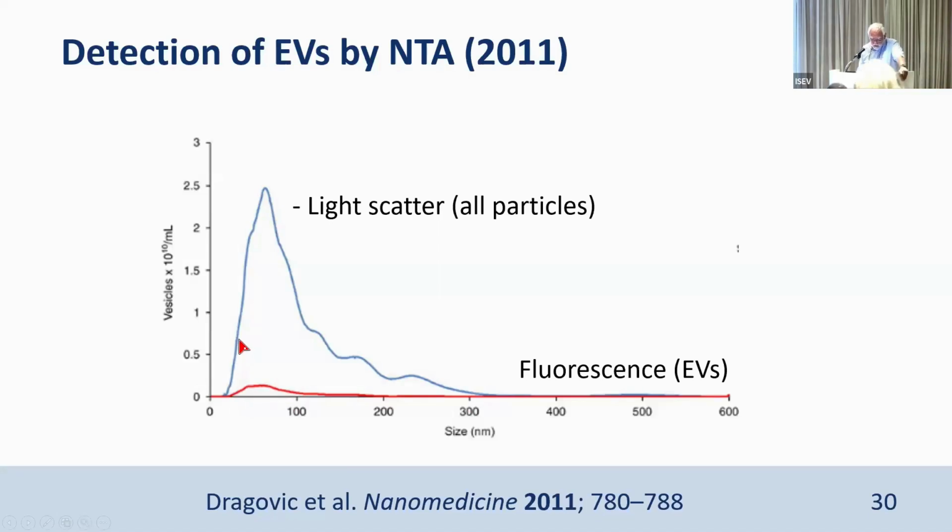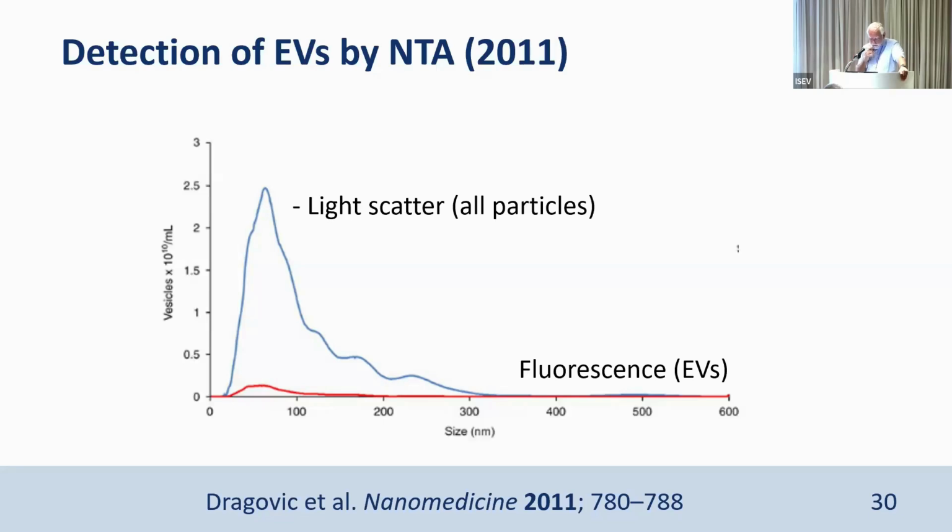Now, when you measure with an NTA, you measure all particles, and this is the light scattering profile you get. But these are mostly lipoprotein particles. So they added a membrane dye, which inserts into the membrane of vesicles, and then you see that there's only a very tiny fraction of particles that stain positive for this membrane dye. In other words, vesicles are really a small fraction of all the particles present in plasma.